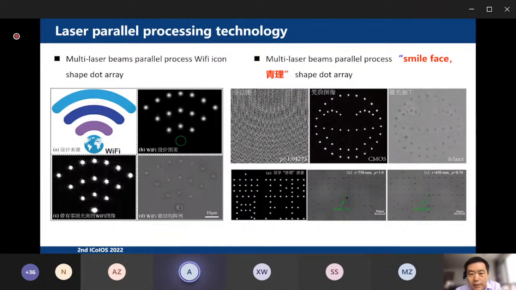And the other kinds, the smile face and the Chinese letters, Qingli. So we can design the aim light, and we also split the laser beam, and we process the dot array at the same time. So next, please.